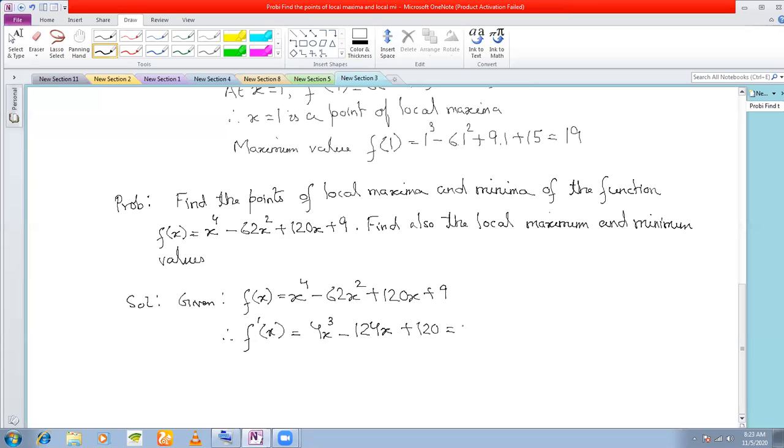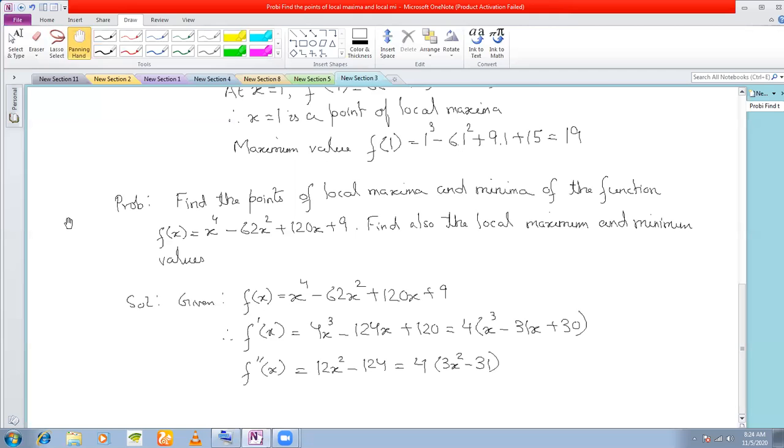You can take 4 common: x cube minus 31x plus 30. Now find out the second derivative. f''(x) here is 12x square minus 124. You can take 4 common, you will get 3x square minus 31.